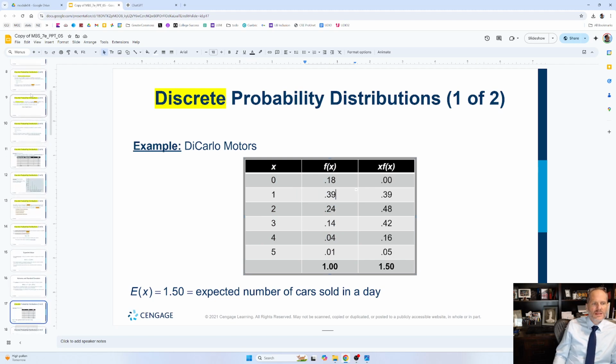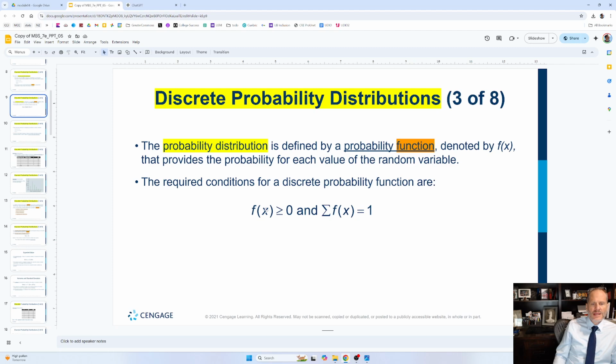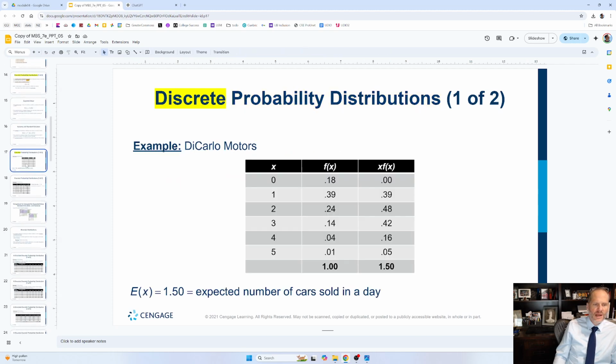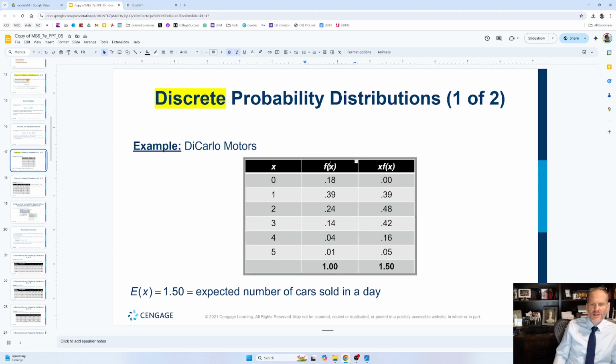So when you look at this slide, it says the distribution is defined by some probability function denoted by fx, and that provides the probability for each value of the random variable. So for each value of the random variable, 0, 1, 2, 3, 4, 5, this function will produce or define the probability for that value.